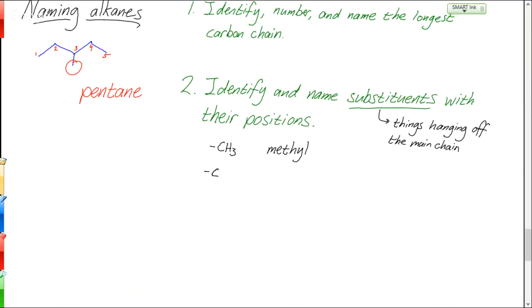If it's a 2-carbon group hanging off, we call that ethyl. If it's a 3-carbon group hanging off, what do you think we call that? Remember those names from Tuesday?